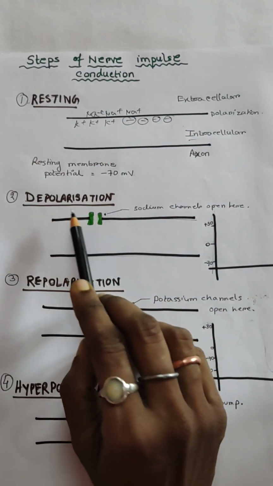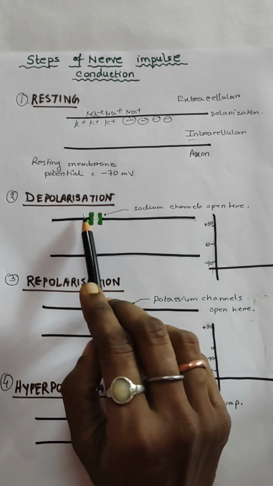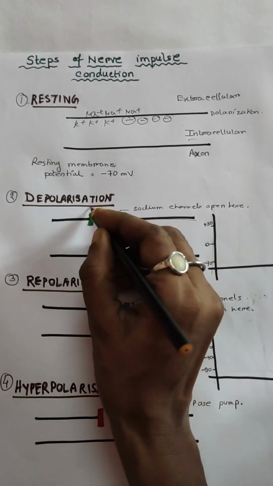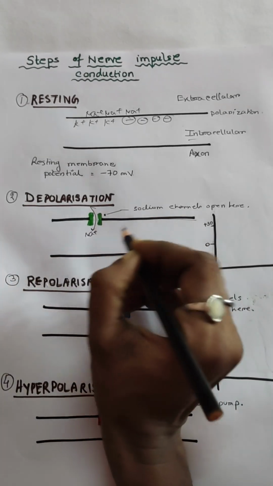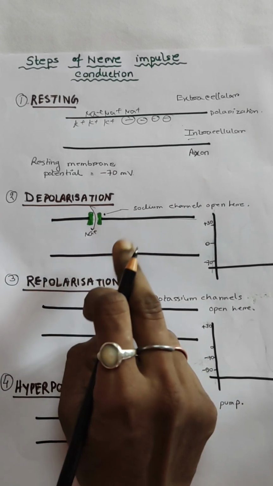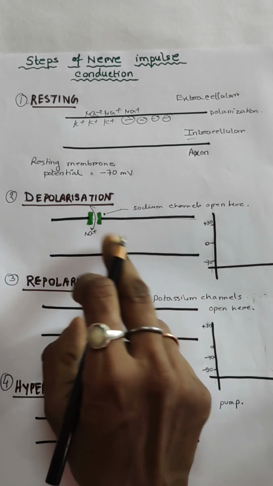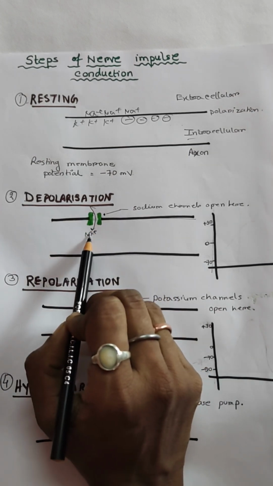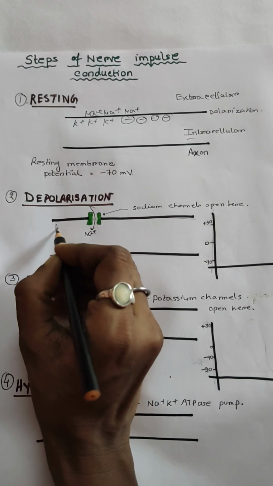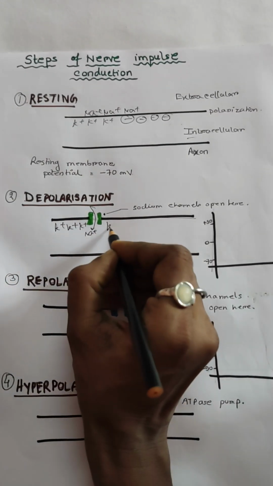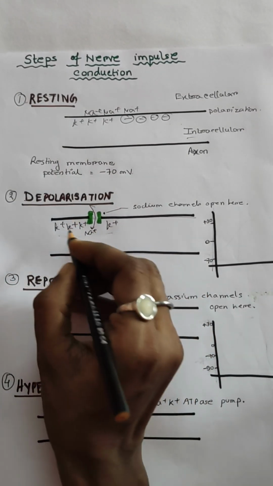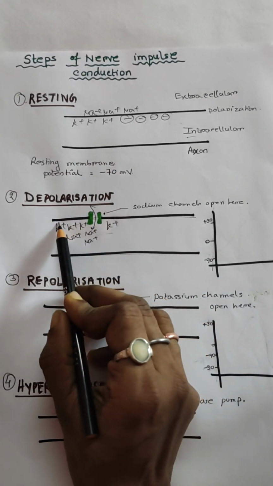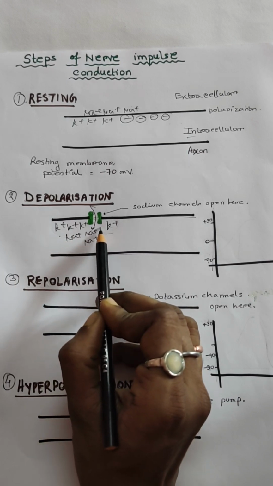Then when the impulse comes on the nerve, the sodium channels open, and that channel allows the sodium to enter the intracellular region. This channel passes the sodium inside the membrane. There are already potassium ions there, so the positive charge becomes high inside the membrane.